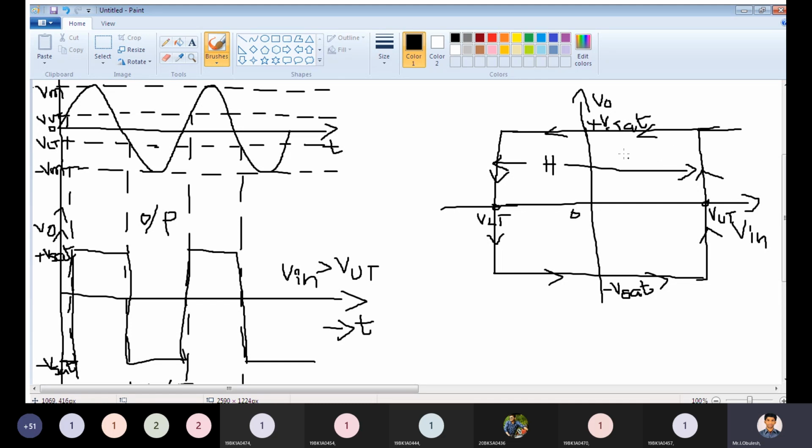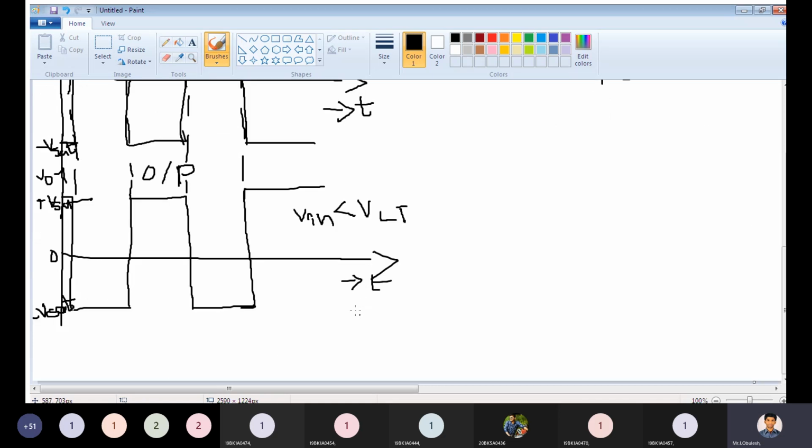Let us assume that the V in value is greater than VUT, so the output will start from positive V saturation to negative V saturation.